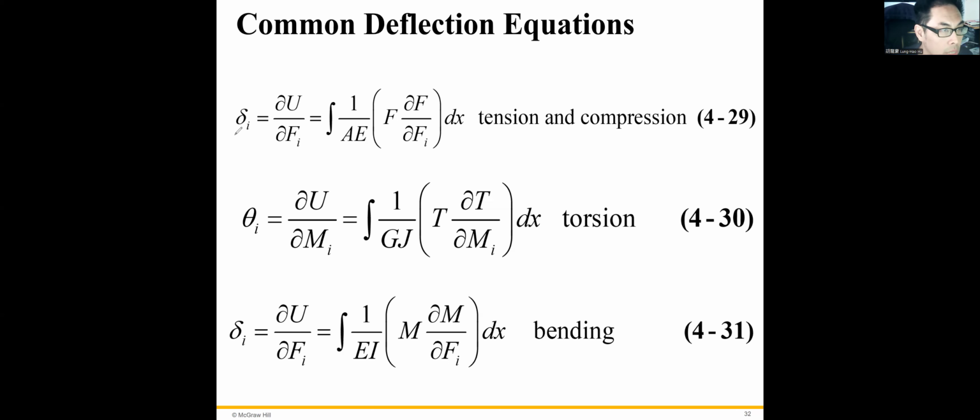Okay, so the deflection, when the member is subjected to the actual loading, can be tension or compression, right? So in the integral formulation, we take the derivative first, and then the integral. Okay, for the torsion, the theta, right?